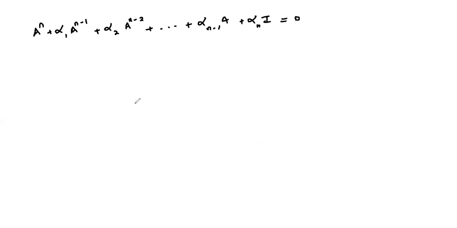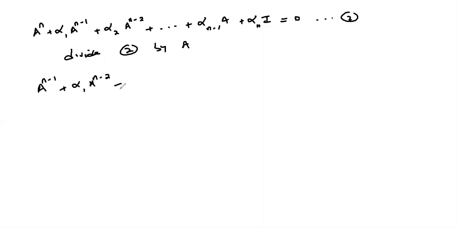Then if we divide, this was our equation 2. If we divide equation 2 by A, then we'll end up with A power n minus 1 plus alpha 1 A power n minus 2 plus alpha 2 A power n minus 3 plus alpha n minus 1.